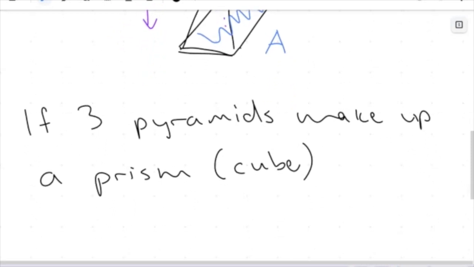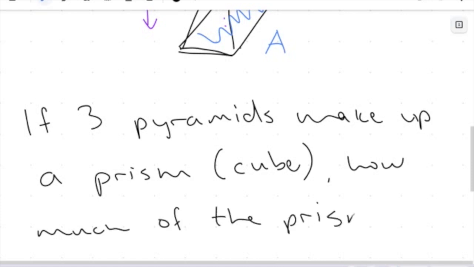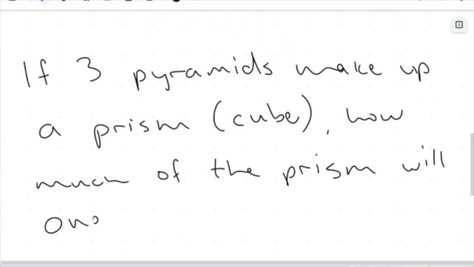If three pyramids make up a prism, we want to find out how much of the prism one pyramid will be. We're asking ourselves a very important question here.